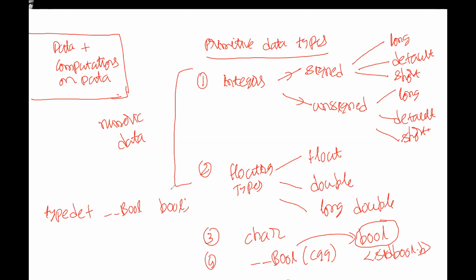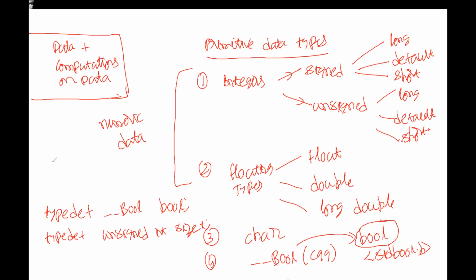Are you with me here on the typedef? For example, you may have noticed the size_t data type. So typedef unsigned int size_t. size_t is a new data type defined from a primitive data type.